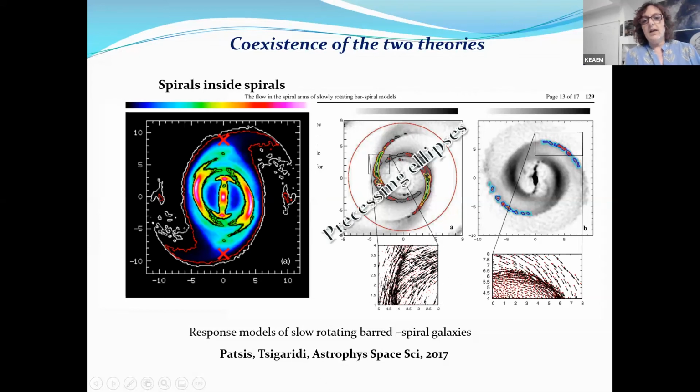So we understand that here the building blocks are made by precessing ellipses, while for the outer spiral, we see that the flow of the velocities is parallel to the manifolds, to the spiral arms. So here we understand that there are chaotic orbits that support the outer spiral arms, and this is a nice observational tool for the observers to understand which is the case.